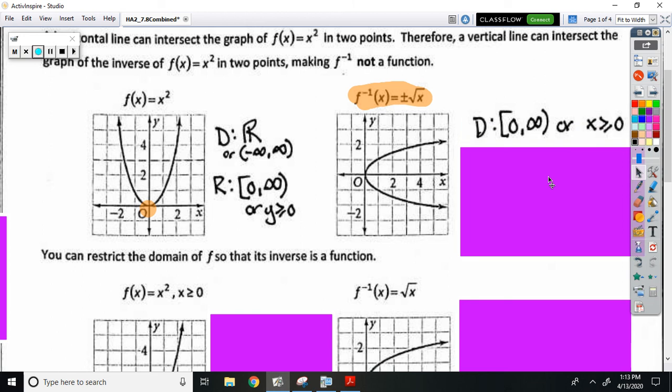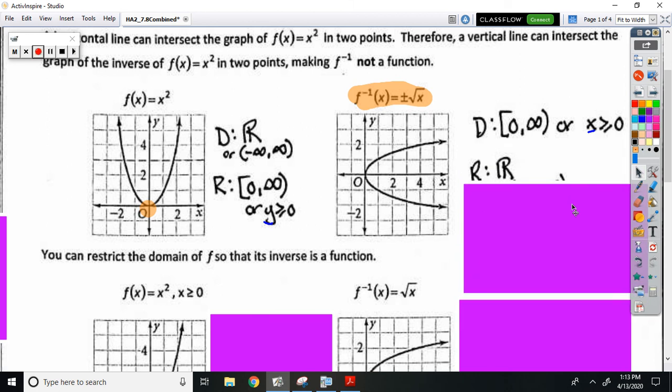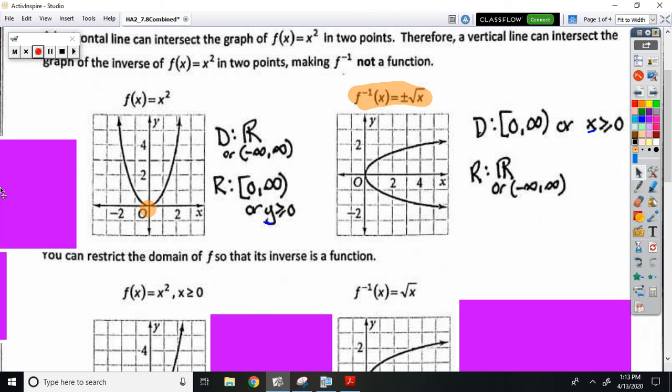So yes, the domain is 0 to infinity, or x is greater than or equal to 0. So if you're switching these, make sure you do switch the variable x. The range this time, the graph is going to go down forever, and it's going to go up forever. So the range is all real numbers, or negative infinity to positive infinity.